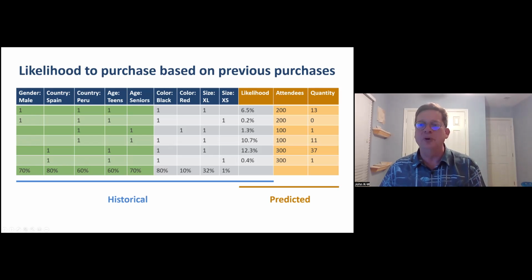So in the future, we could say we've got a concert with 200 attendees with this demographic, and based upon the shirt sales previously, we're going to predict that they should have had 13 shirts in extra large black ordered, no extra small shirts, and then a large number of extra large black shirts and even more extra large black with different demographics of people from Spain and Peru.